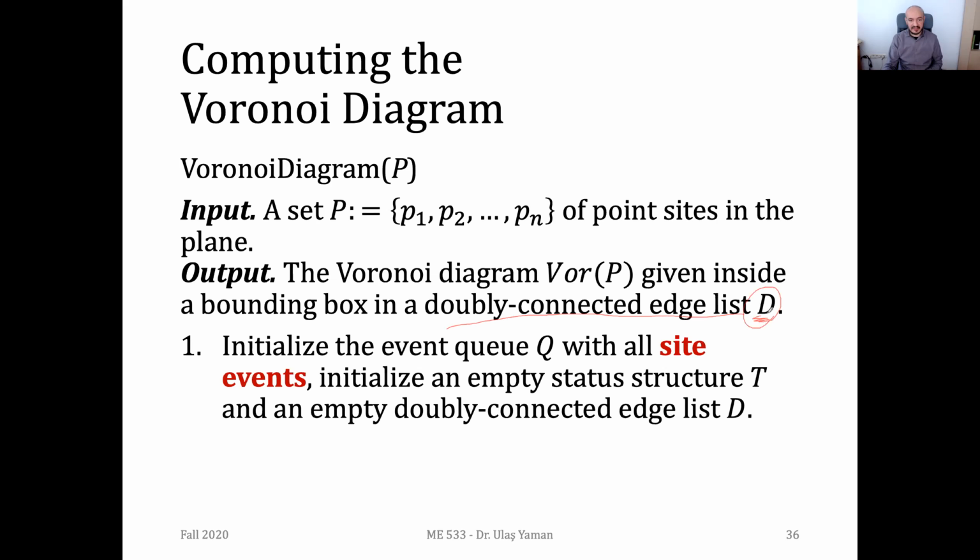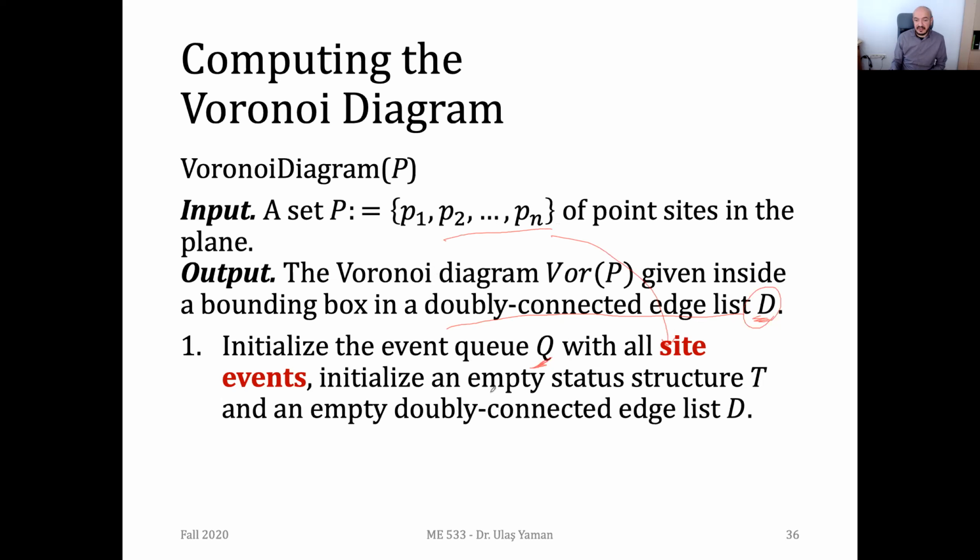So what we do in this algorithm, we first have an event queue. It will not be empty, since we know all the sites are given. These are the inputs, and we can simply store them into our event queue. They will correspond to the site events.